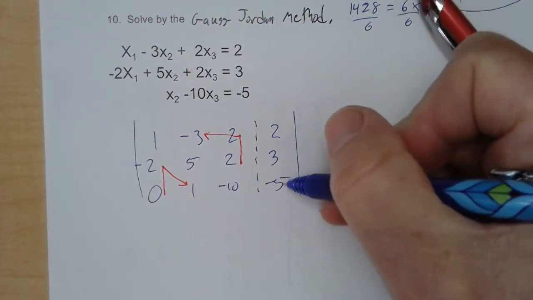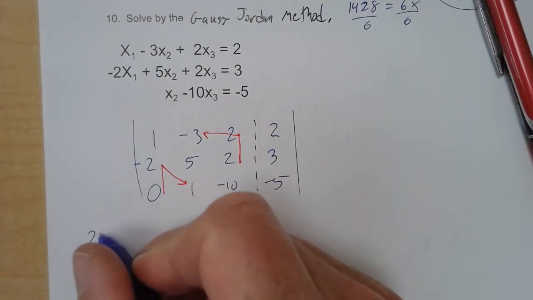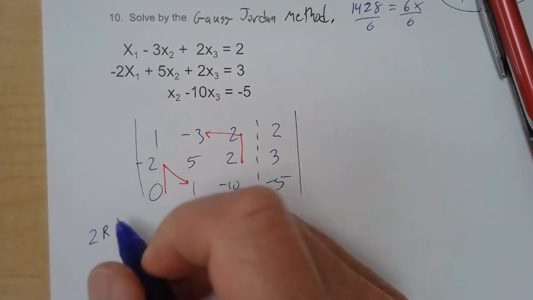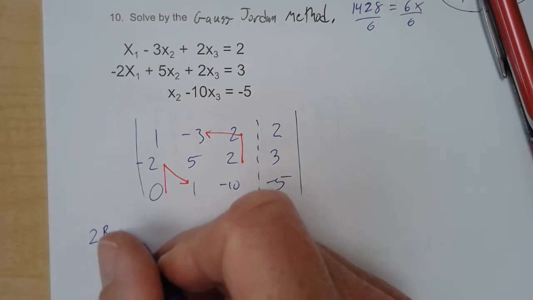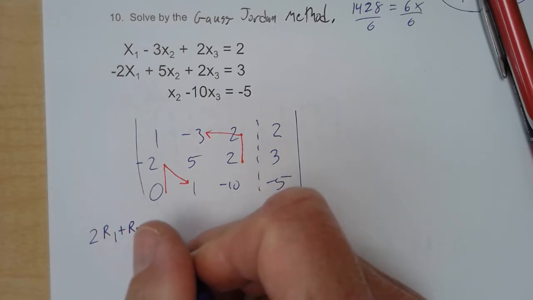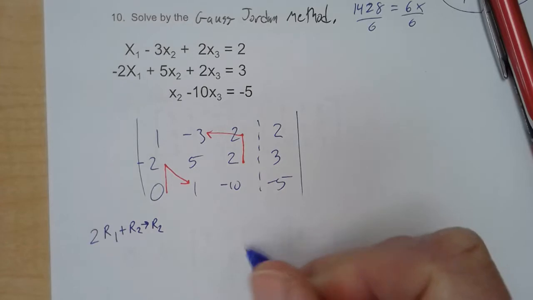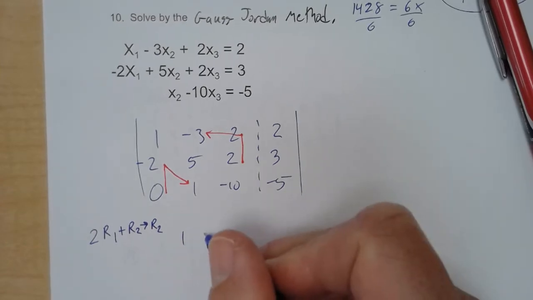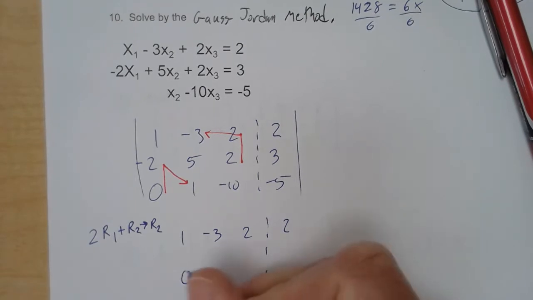Row 1, row 2, row 3. So it'd be 2 times row 1 plus row 2. Put the answer into row 2. So I'm not changing row 1. So let's copy it down. I'm not changing row 3.